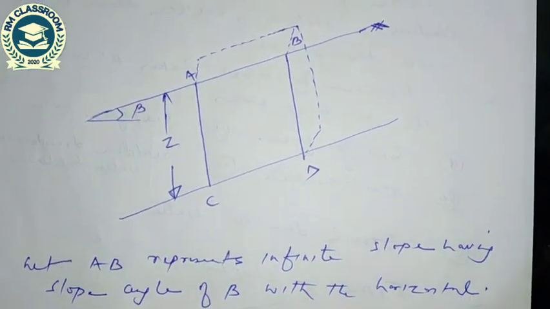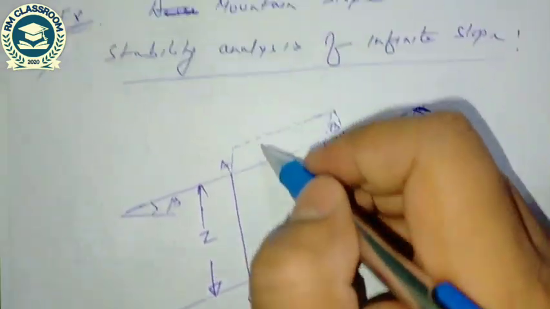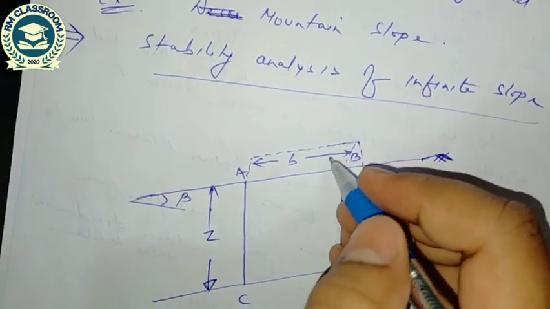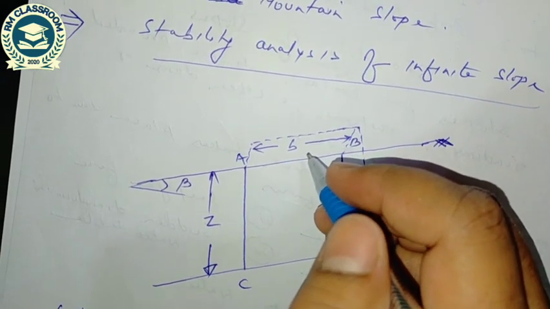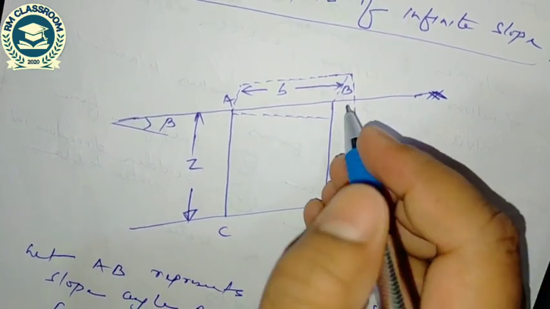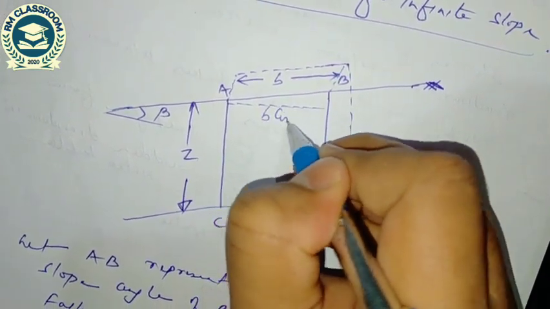So let us assume this width is B, so what is the value of this? Value is B cos beta.